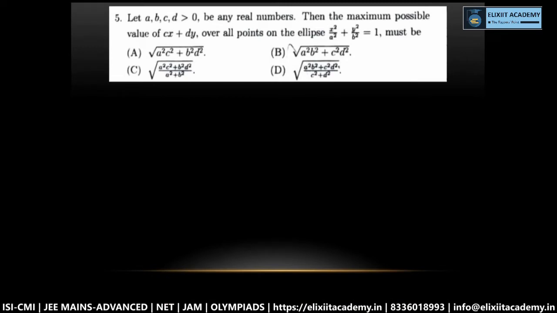a, b, c, d are greater than 0. These are all real numbers. Then the maximum possible value of cx plus dy over all points on the ellipse x square divided by a square plus y square divided by b square equals 1 must be what?